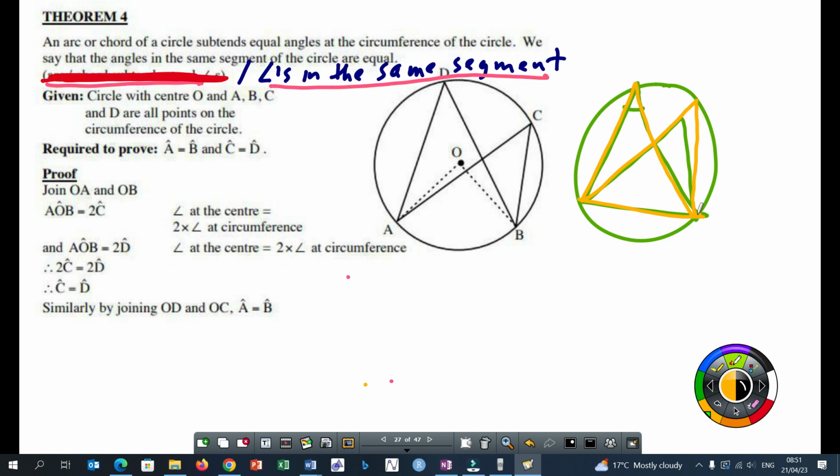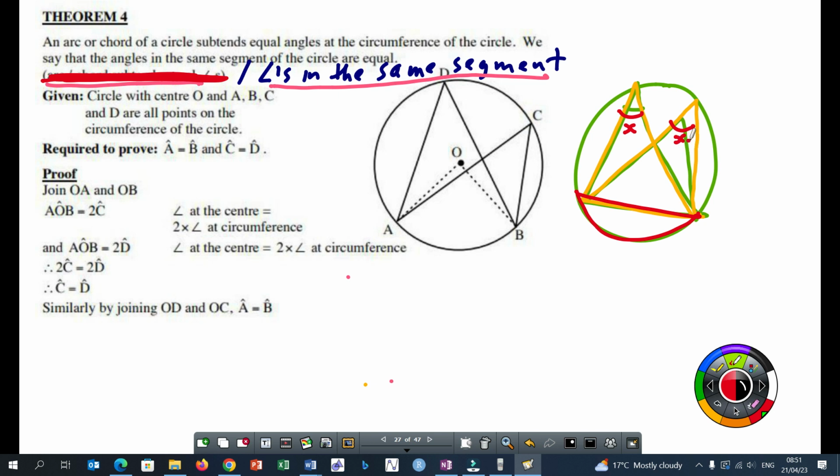If you have two angles, like this angle and that angle, as long as those angles are at the circumference, and they are subtended by the same chord or same arc, then you can conclude that they are equal. So if this is x, that will also be x.